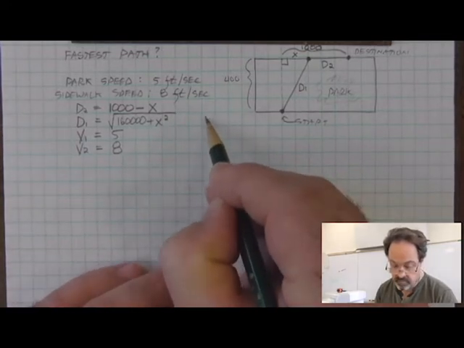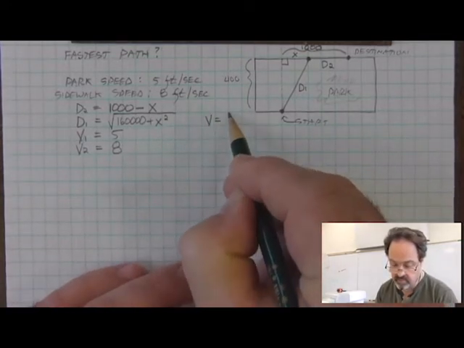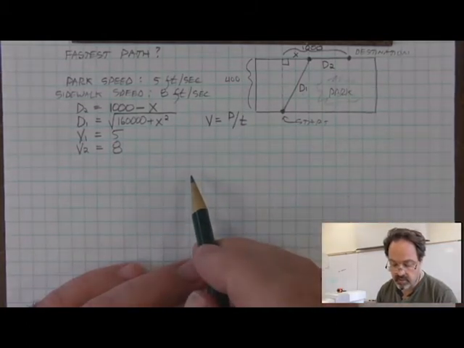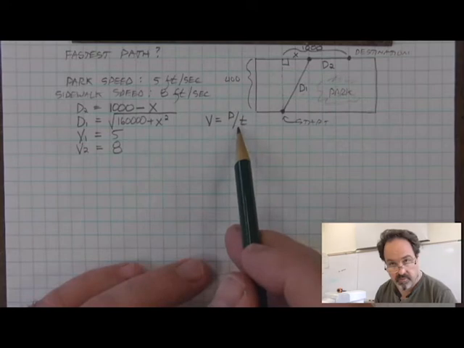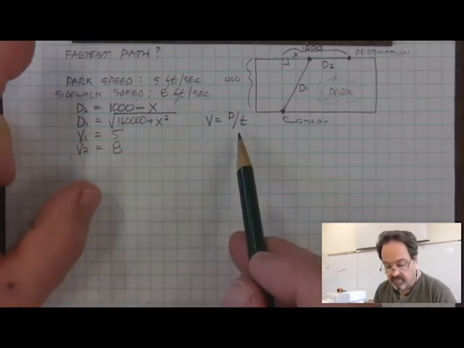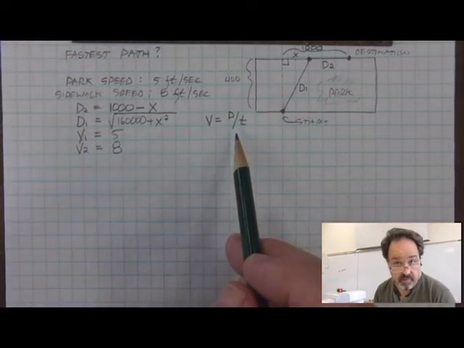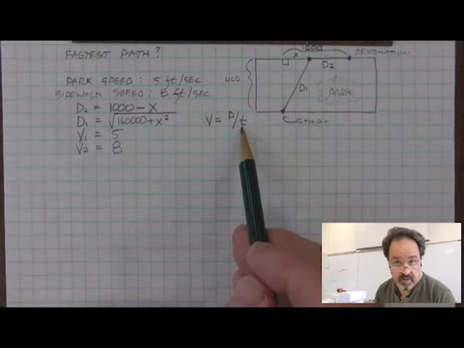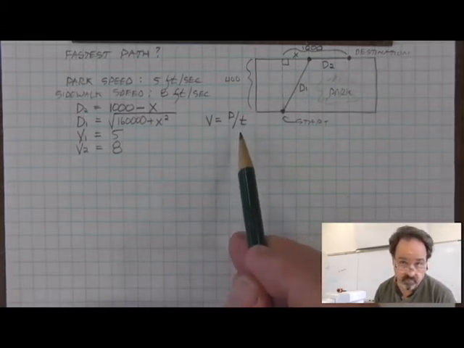Or from physics, velocity is distance over time. Time is involved. The fastest path will take the least amount of time. We want to minimize time. And if we're going to optimize time, we're looking for an equation for time in terms of another variable.